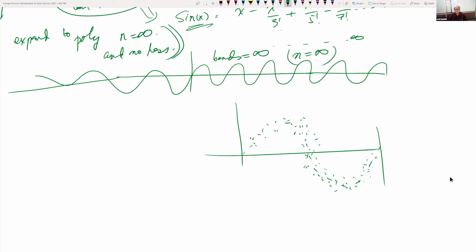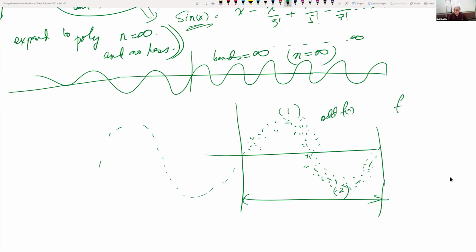This is your data. In this data, how many bends are there? 2. Therefore, you will find that if you try a model of degree 3, you're not doing badly. But if you're mathematically clever, you may also notice that if you extend it in your imagination, it looks like this. In mathematics, we call it an odd function: f(-x) is -f(x).